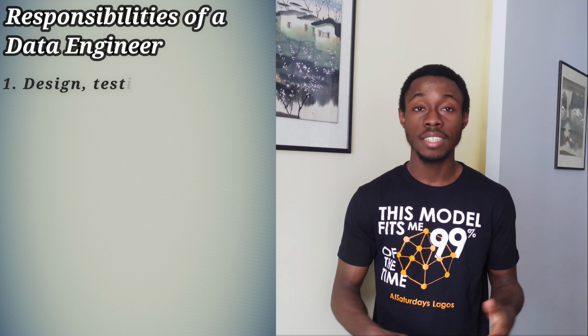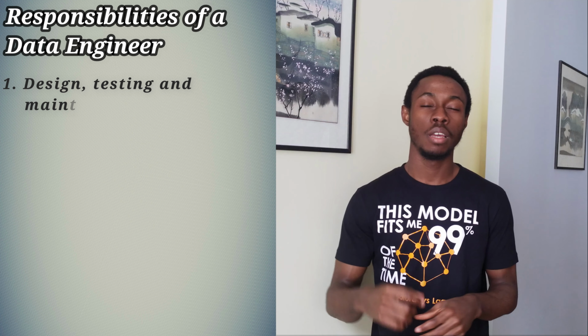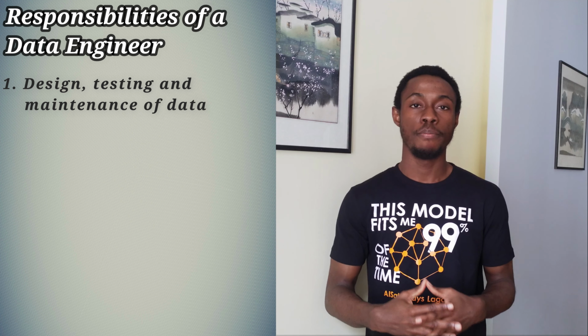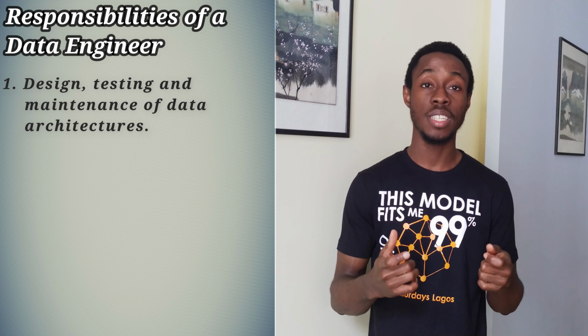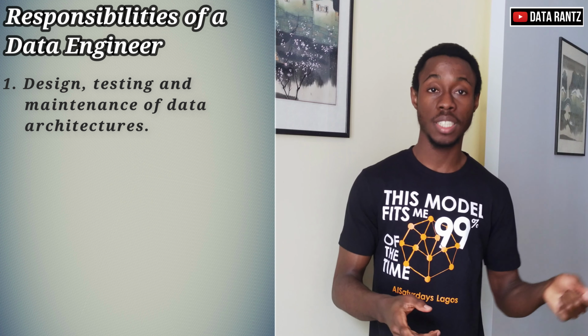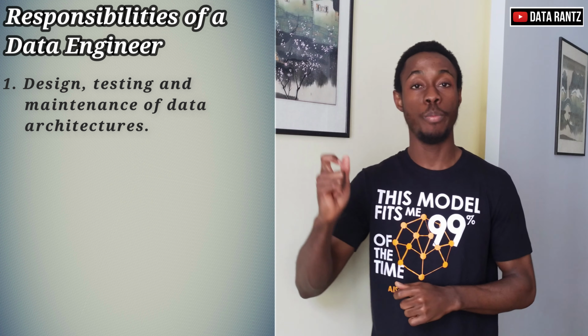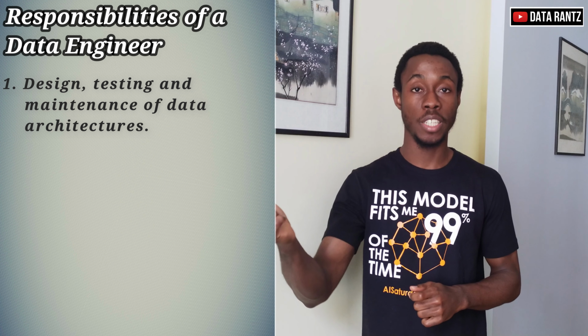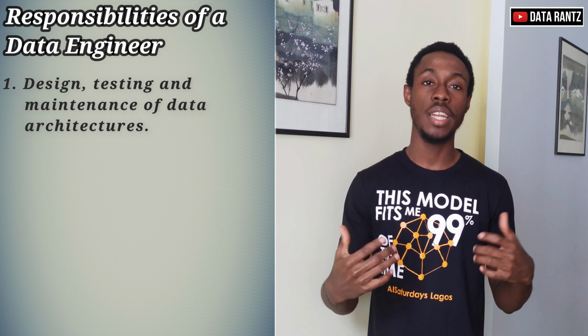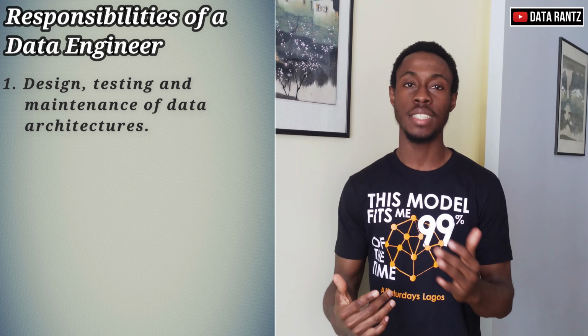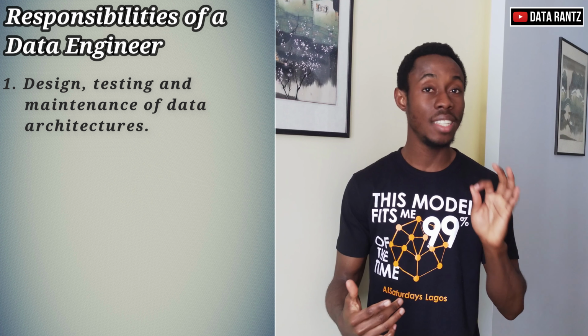the organization. So number one, data engineers design, test, and maintain the data architecture. Now, the data architecture is very important because this is what actually controls the flow of data from the point of reception to the point where it gets to the place for analysis, right? So the data engineer designs that entire process and maintains it.